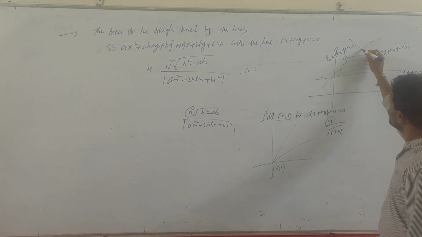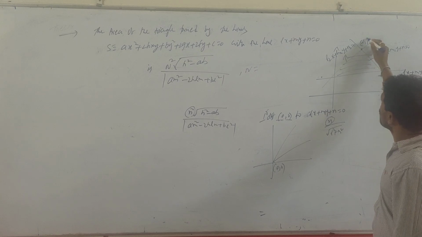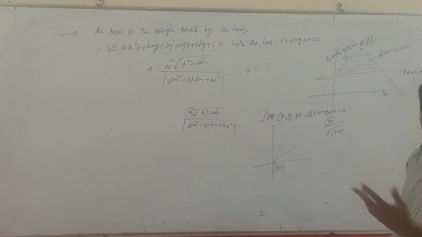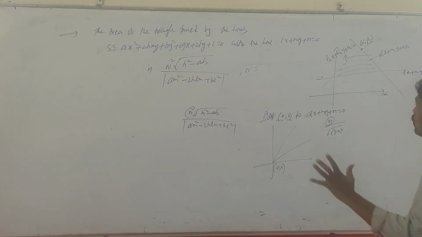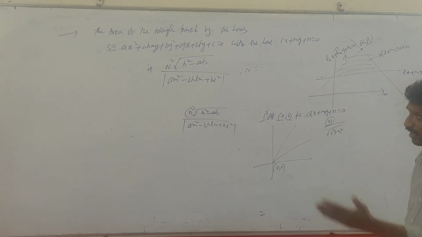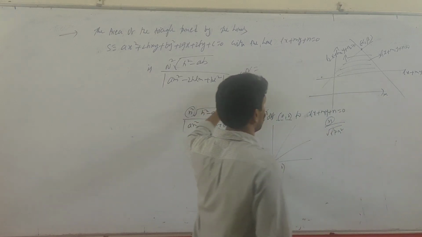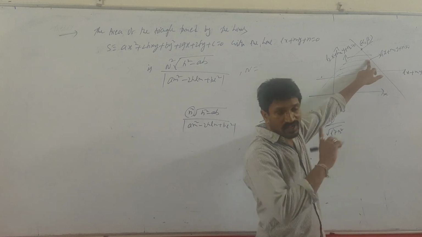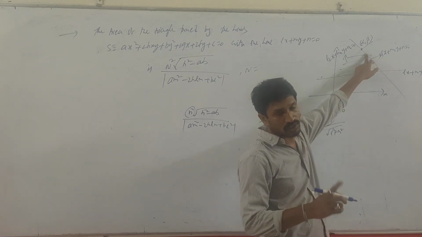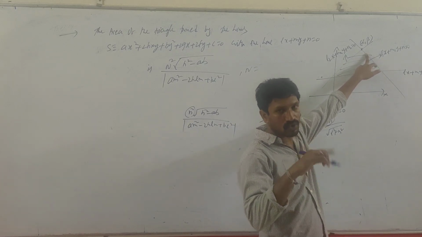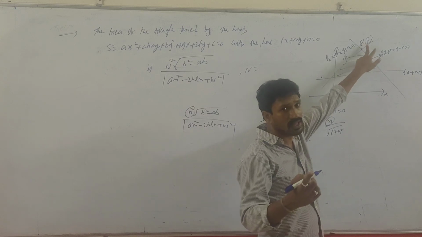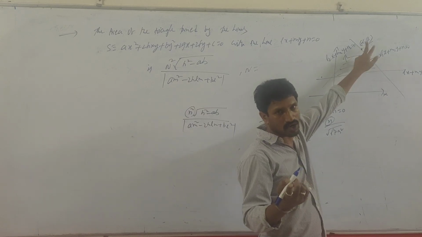See, this point of intersection is alpha comma beta, not 0, 0. Let us take some alpha comma beta. So first we have to find out alpha comma beta, that is the point of intersection of these two lines. In the previous theorem, no need to find it out, that is the origin only. In this theorem, you have to find out the values, that is alpha comma beta, whatever it may be.